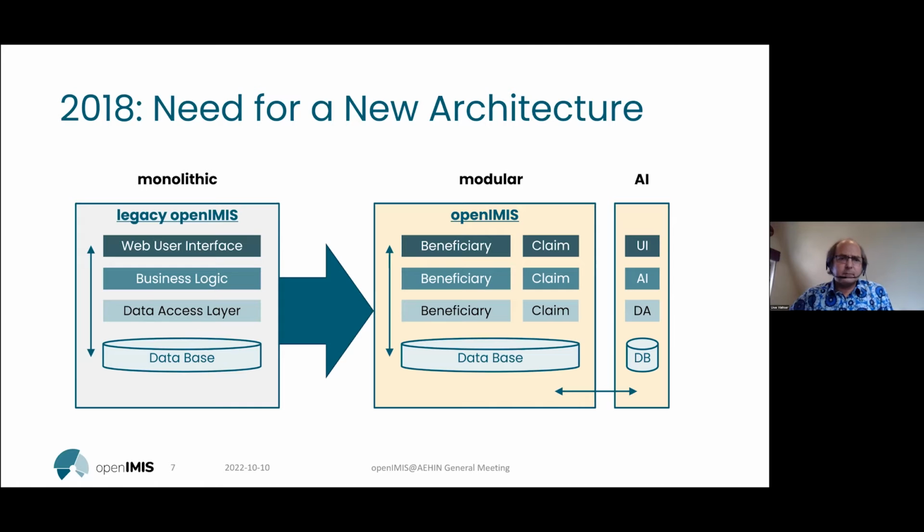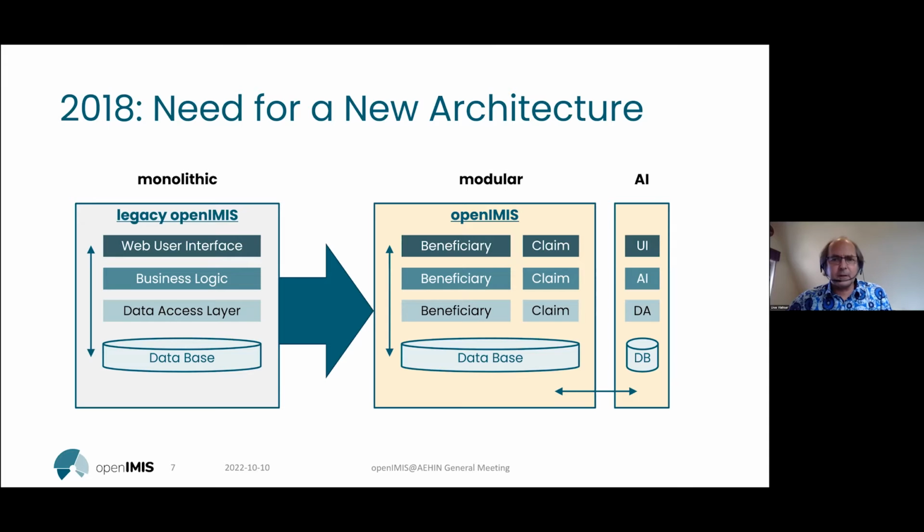So basically, having had that legacy openIMIS, which was maybe divided into 3 layers architecturally, we wanted to move into something that could be divided into modules, for example, beneficiary management and claim management, like functional entities that could be managed independently, and then even have structures which look a bit like microservices, or at least are similar.